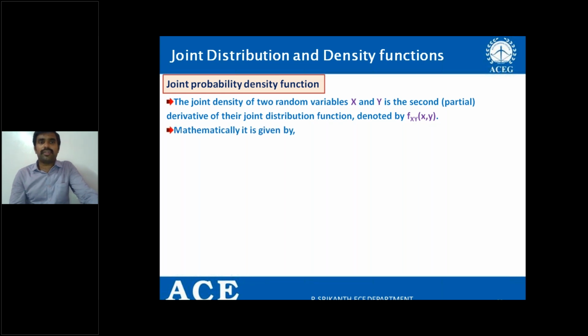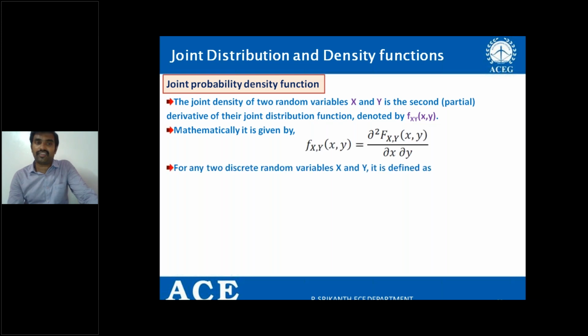Mathematically, we can write the definition as small f x comma y of x comma y equal to dou square by dou x dou y of capital F x comma y of x comma y. Since it is a function of two variables, x and y, I am taking partial differentiation. That is the way to define the joint density function.